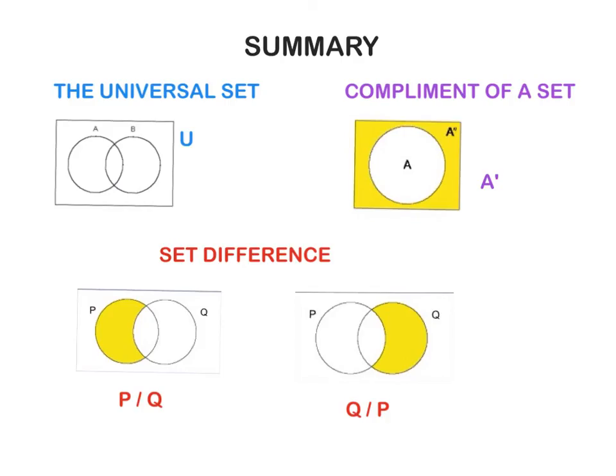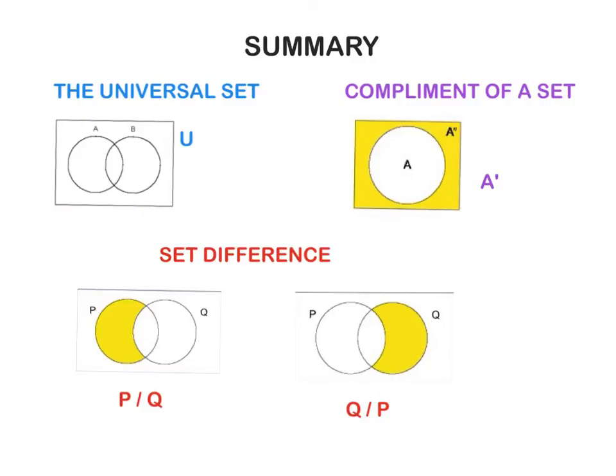So after watching this video, you should be able to explain what is the universal set and the symbol for universal set. So universal set is the set that contains all elements, and every set is a subset of the universal set. And in Venn diagram, universal set is represented by the rectangle.